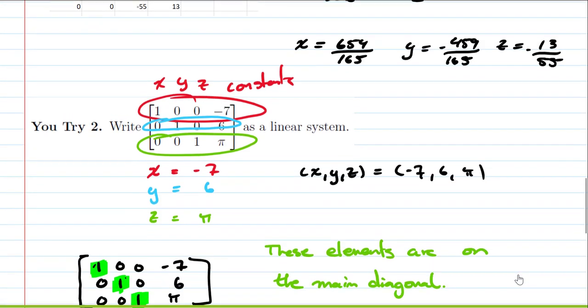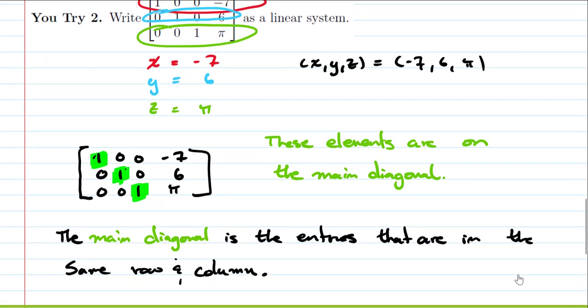In the example you just did, when we had ones along the main diagonal and zeros above and below, what did we get? Exactly one solution. So the main diagonal is going to give us information about the type and number of solutions.